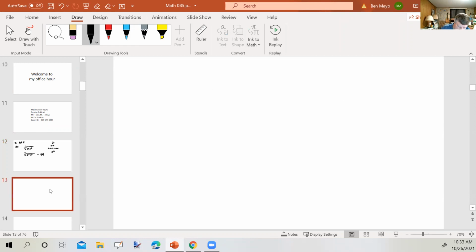All right, this is also 9.1, part 2, and this is number 14. It says, use a calculator to solve the problem. The time t in seconds that it takes for an object to fall a distance of s feet is given by the formula t equals the square root of s, all over 4.